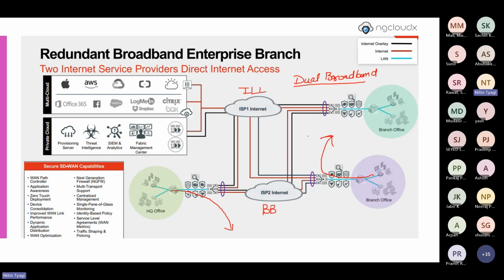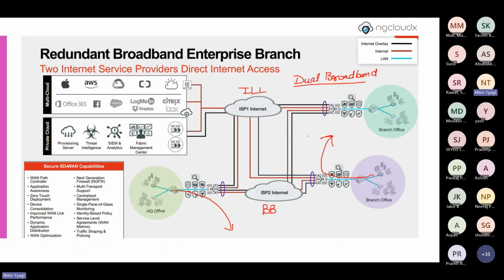Everything is going over internet, and SaaS based products are coming. You would need direct internet access, right? Now, if you need direct internet access, your user should break out to internet locally. You need a mechanism so that you can do the inspection and split your private and internet traffic in a smarter way. And that is what it is, SD-WAN.